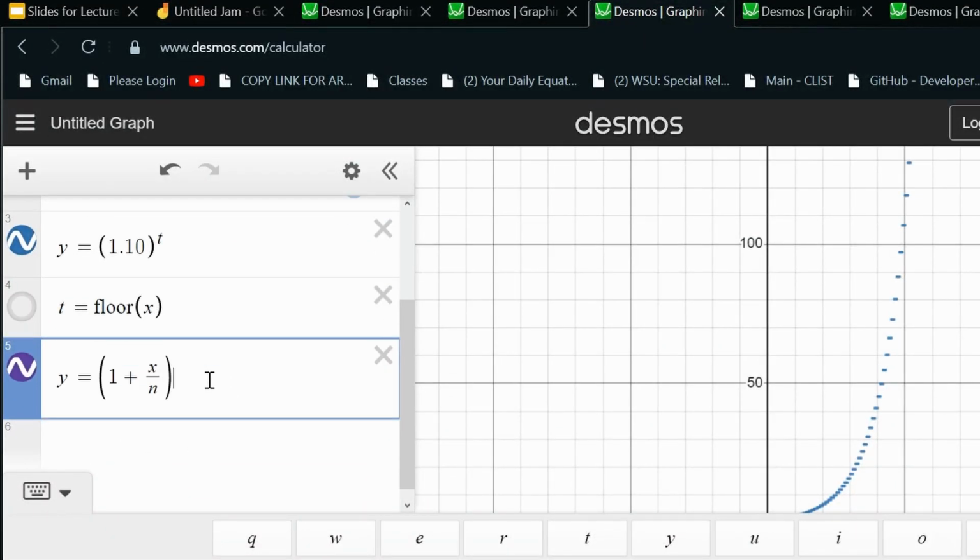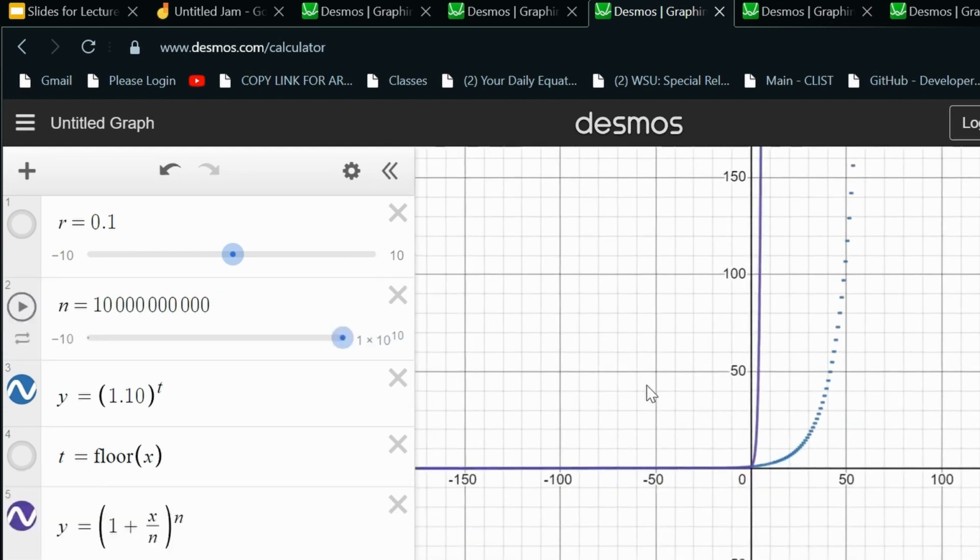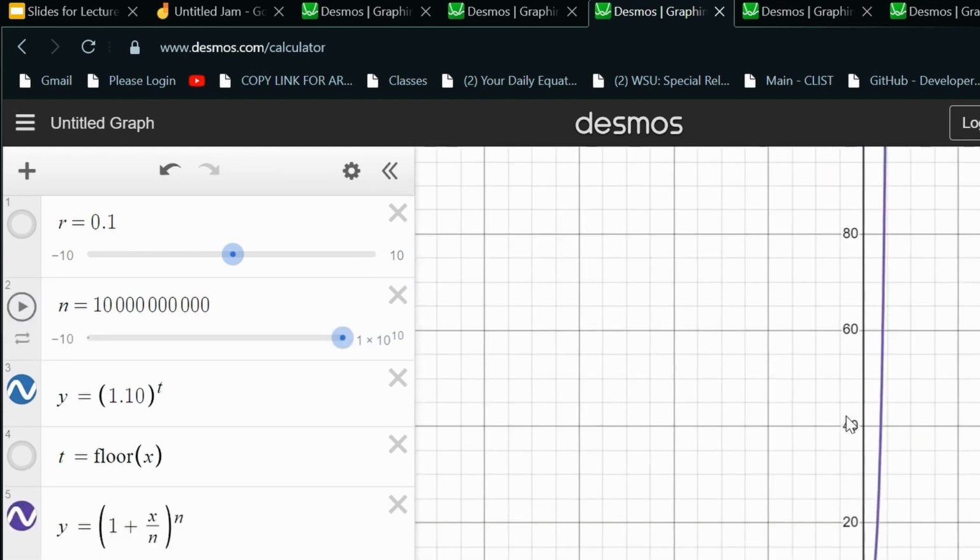Shahid, Rosie has a question. As n gets closer to infinity, does it continue compounding?